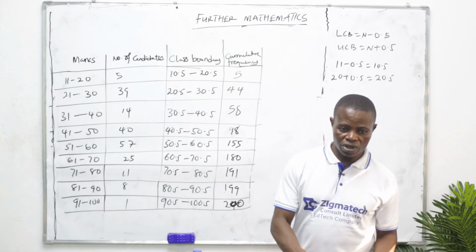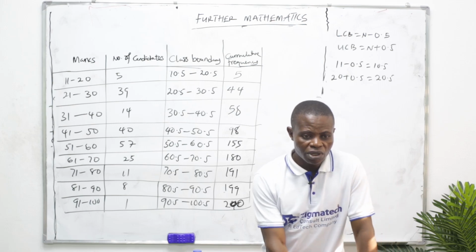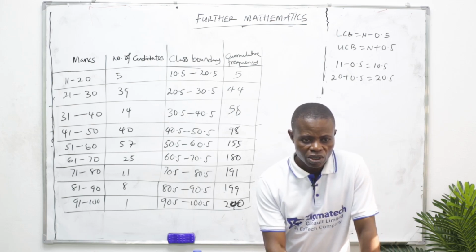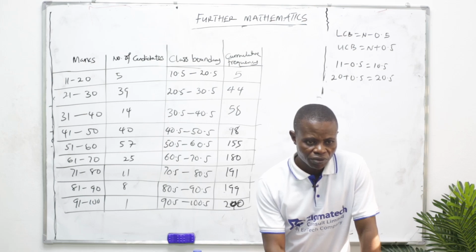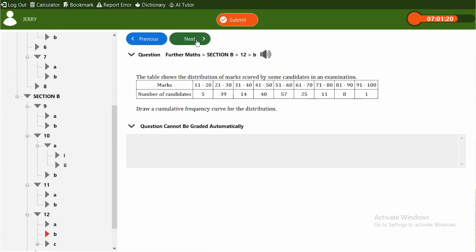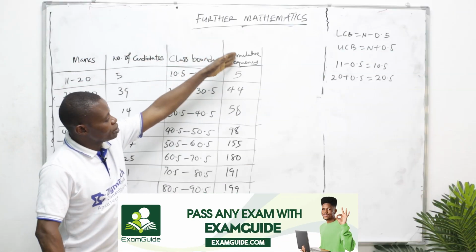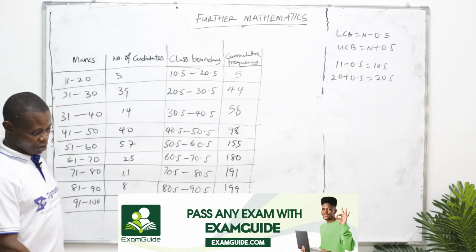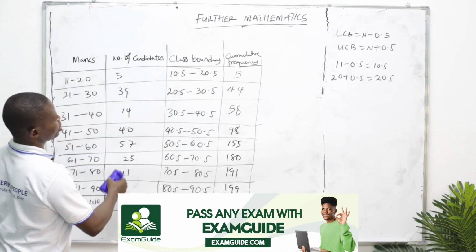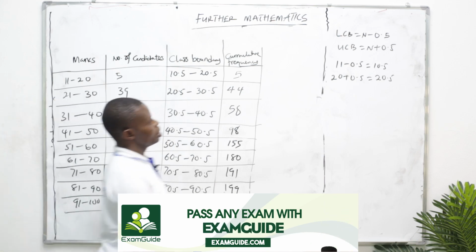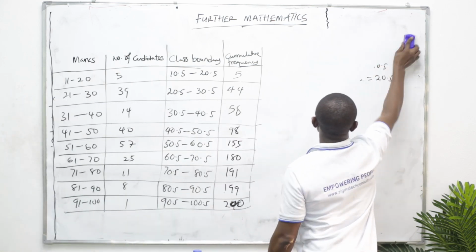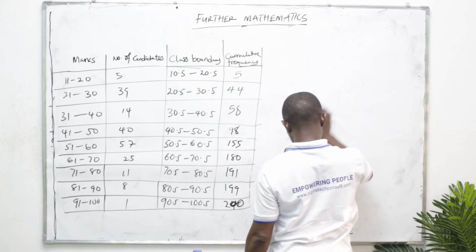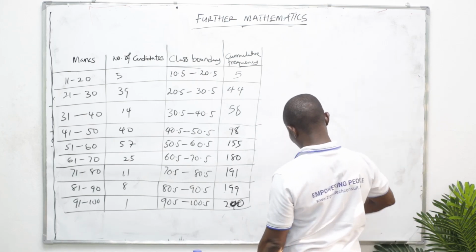So the cumulative frequency table for the distribution is what you have seen above. The B part says draw a cumulative frequency curve for this distribution. So we need to draw a curve for this. To draw the curve, you are plotting cumulative frequency against class boundary. So we don't need all this here. Let's come to this place and make a rough sketch of the graph.